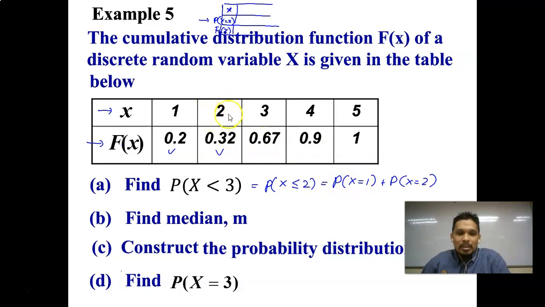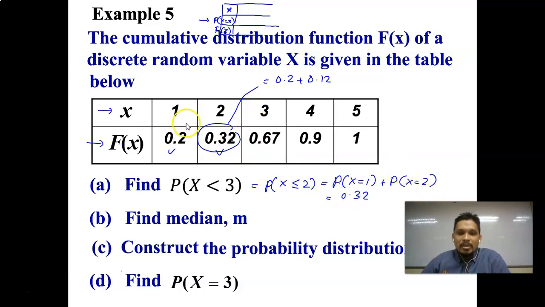Meaning, this 0.32 equals 0.2 plus again 0.32 minus 0.2 equal to 0.12. 0.2 plus 0.12 equal to 0.32. So this value of x with its cumulative function F(x) already accounts for the probability of x equal to 1 plus the probability of x equal to 2. So we may just strictly take this value of 0.32.